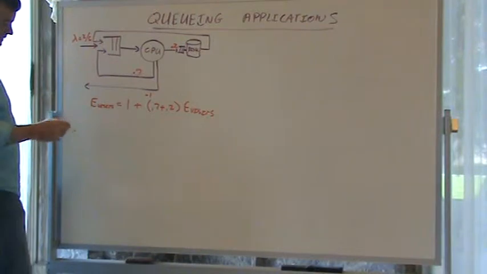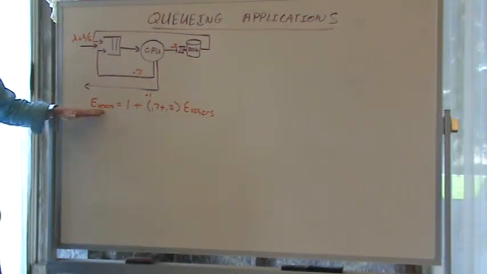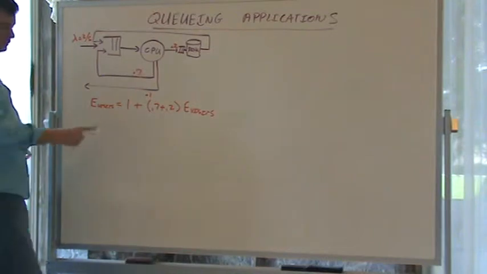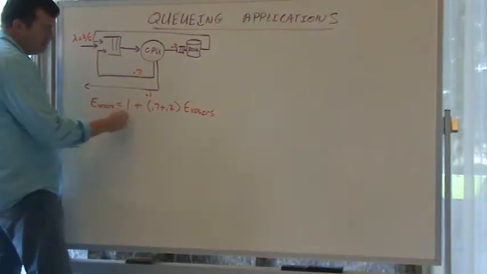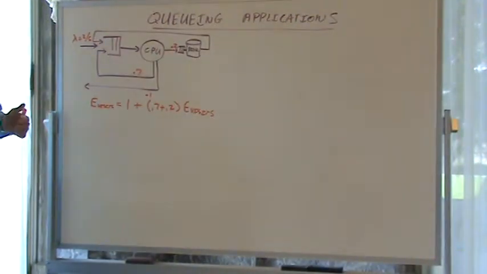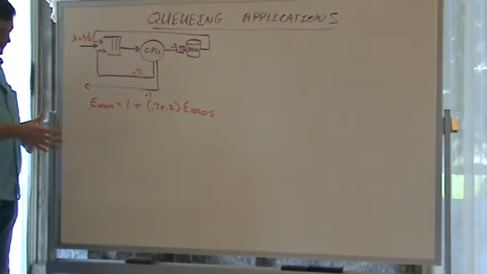Hope that makes sense to everybody. Let's say the expected number of visits is 4. I mean, that's not going to be the answer, but let's say it's 4. Well, that would be equal to 1 plus 90% of 4, if that was the right answer. That's what this statement is saying.